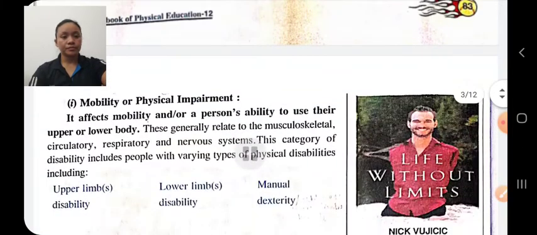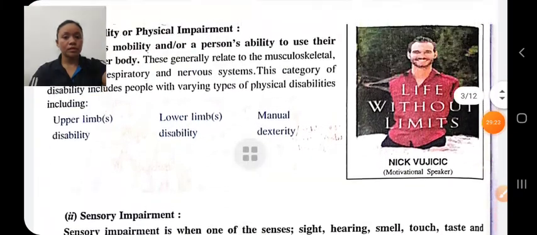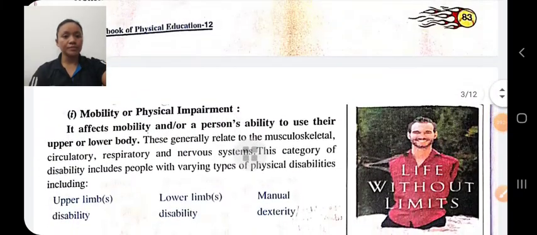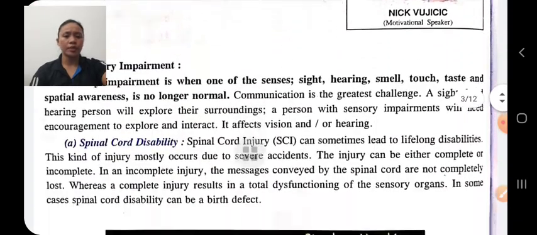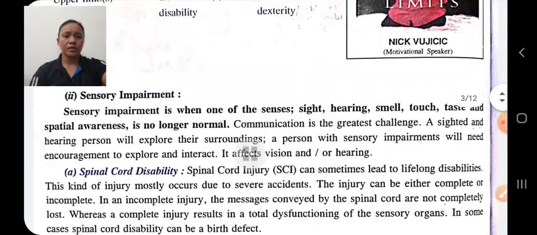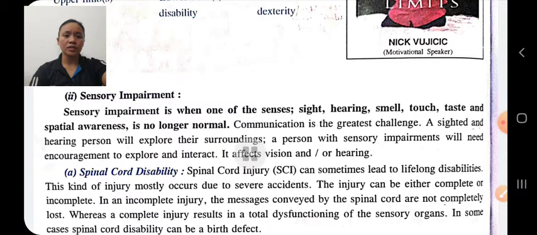Disability: physical impairment, your physical body is impaired. Your upper or lower body is not working properly. Sensory impairment, your sense organs are no more working, like hearing, smell, touch, taste, etc. It is not normal.